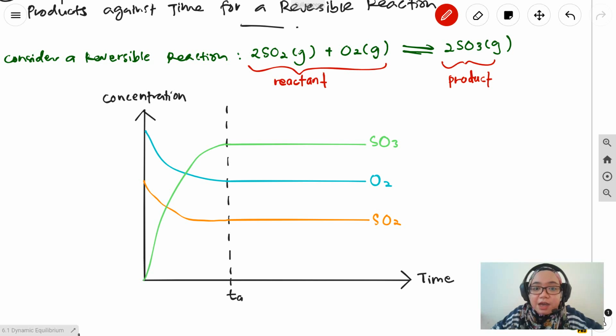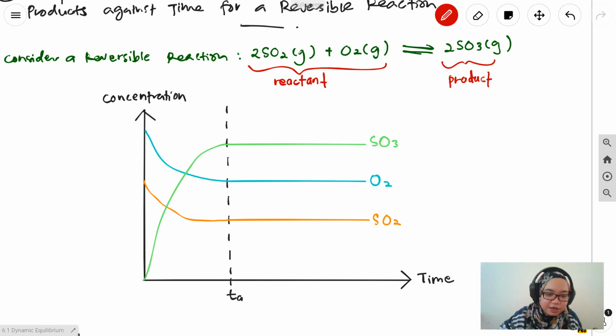However, at some point after the product is formed, this product will then decompose back into a reactant. So this is when the rate of the reverse reaction increases. Now the flask contains a mixture of SO2 gas, oxygen gas, and SO3 gas.